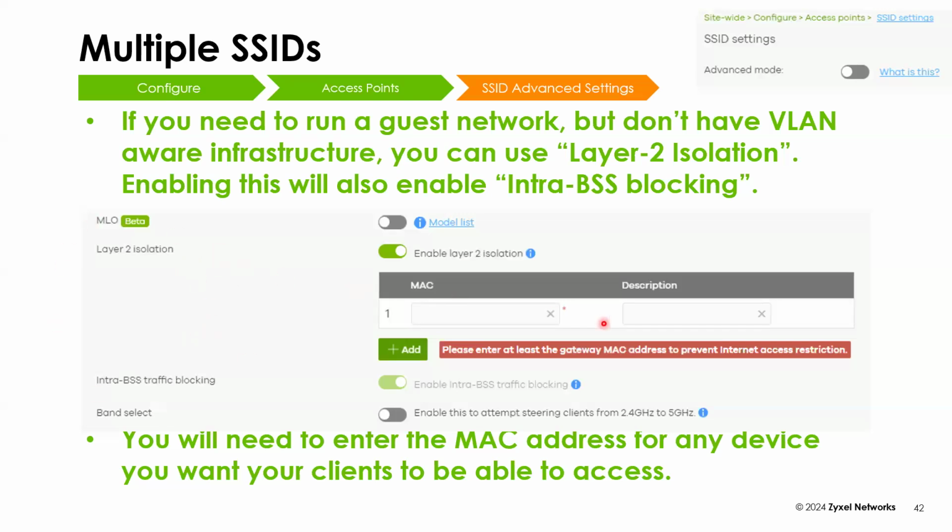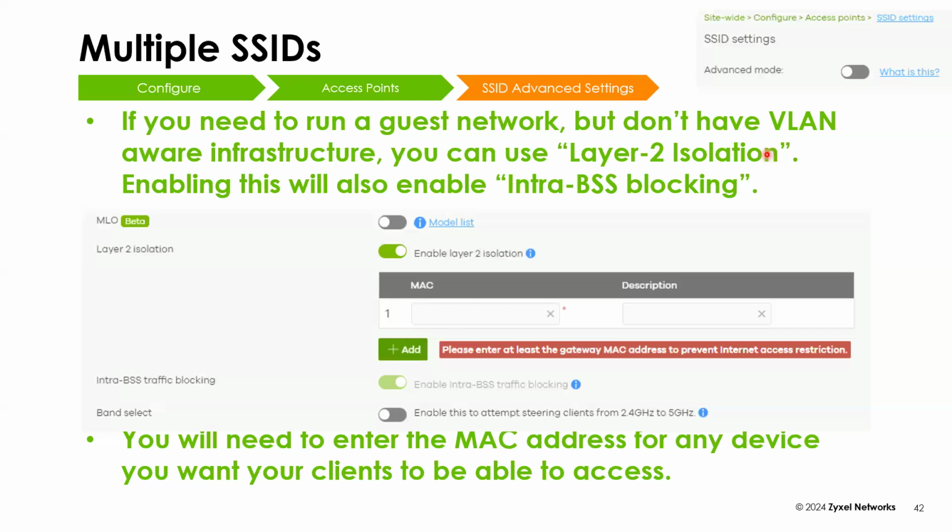So what often happens and causes some confusion for people is that you will connect to the wireless network where you're doing this layer 2 isolation, and somebody will run a packet scanner on the wireless device, and they will be able to see some of your local network devices. Now, you are not able to send traffic to them. They are not able to access those devices, but they can see they exist.